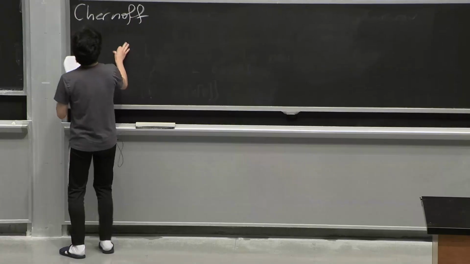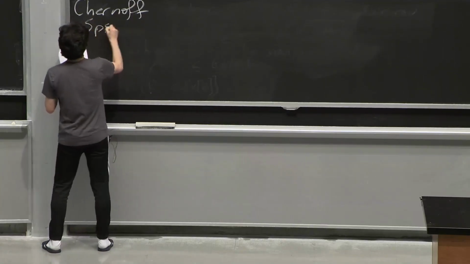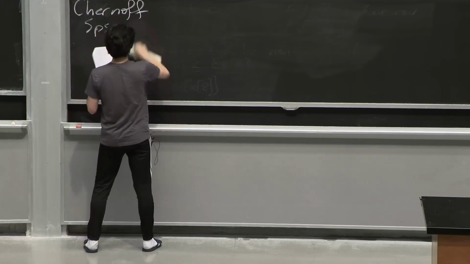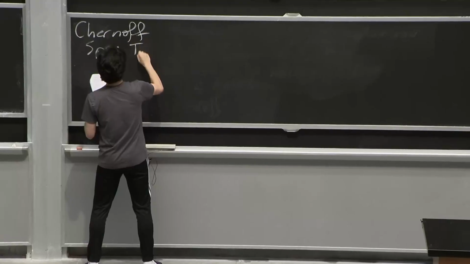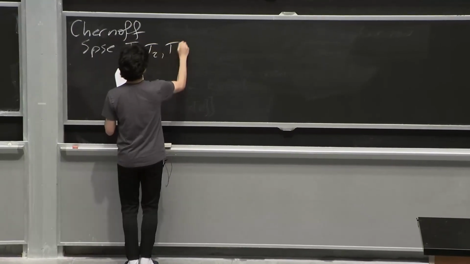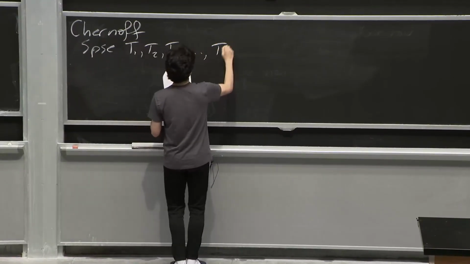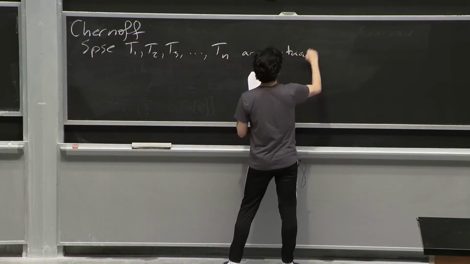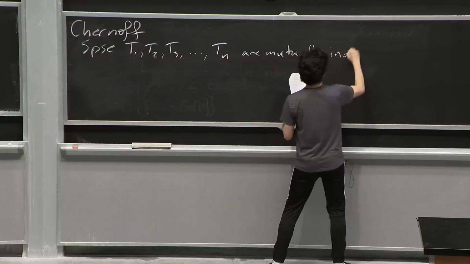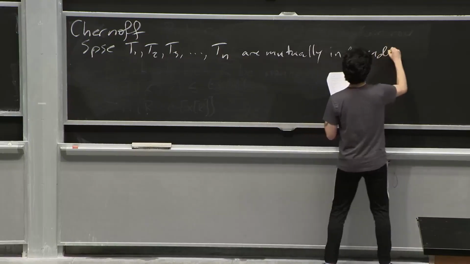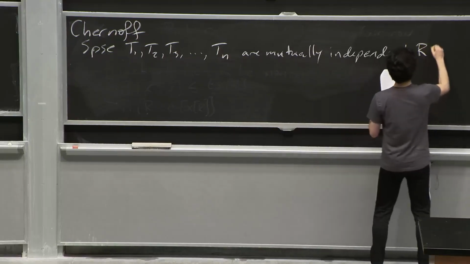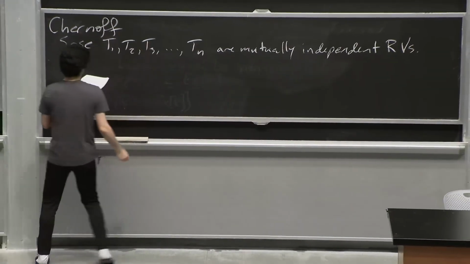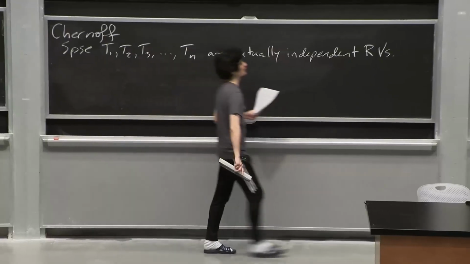So suppose T1, T2, T3, up to Tn are mutually independent random variables, and let's say in addition they are bounded.